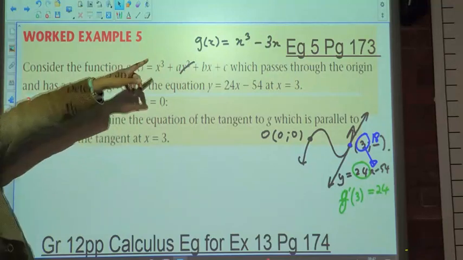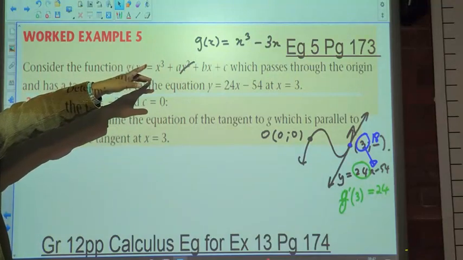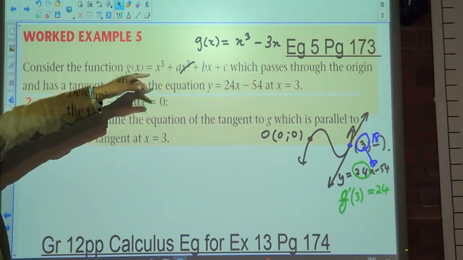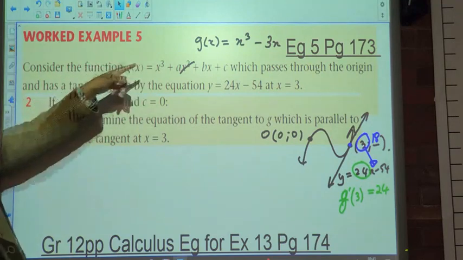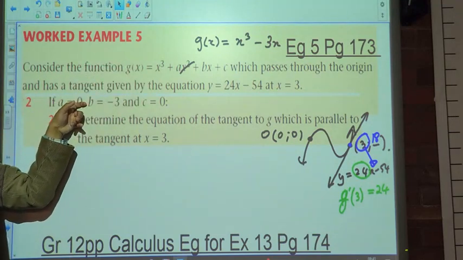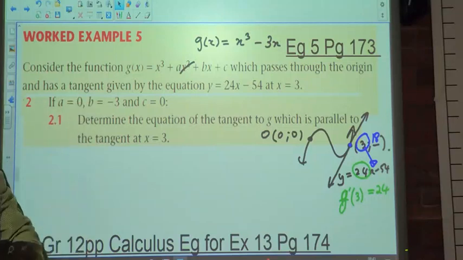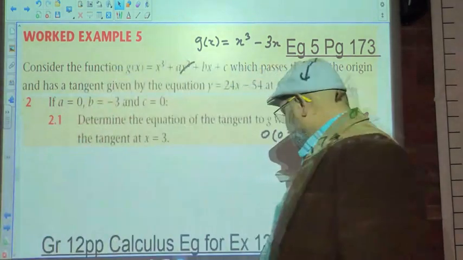This either confirms your information from the previous question, or if you didn't get that, you must use this. Otherwise, you're not going to be awarded any marks. The question says, in 2.1, determine the equation of the tangent to g which is parallel to the tangent at x is equal to 3.